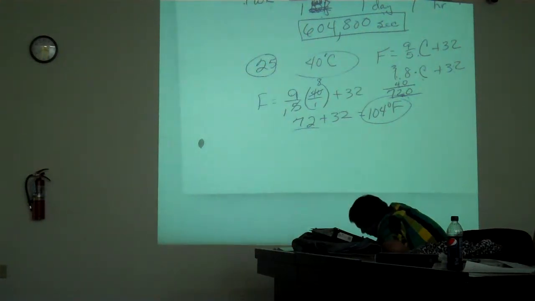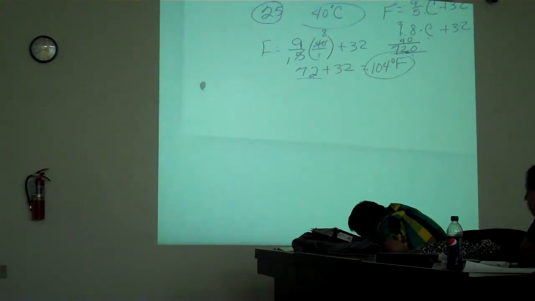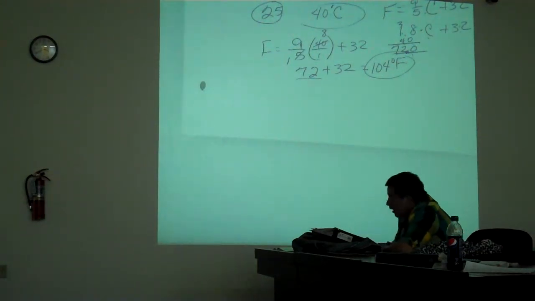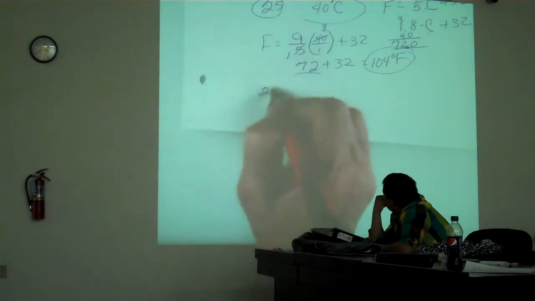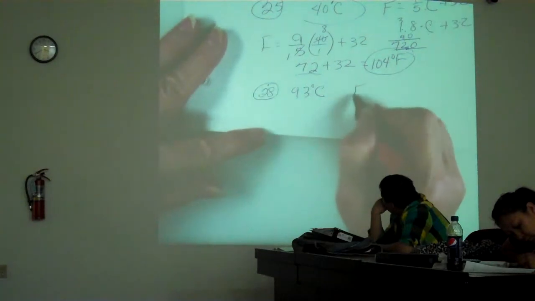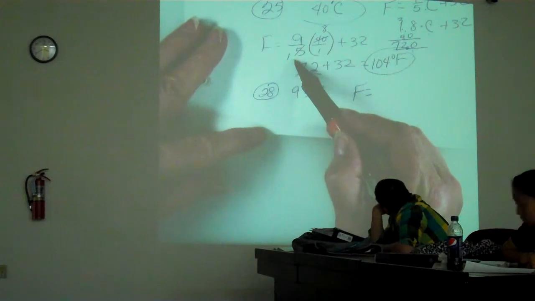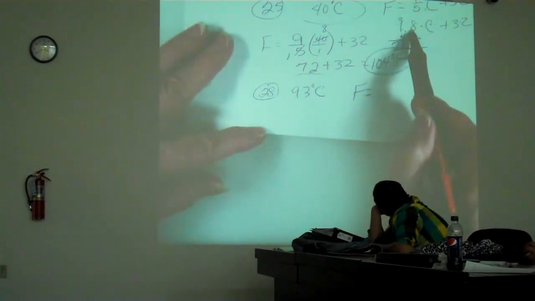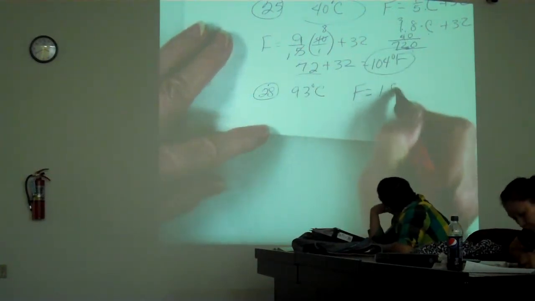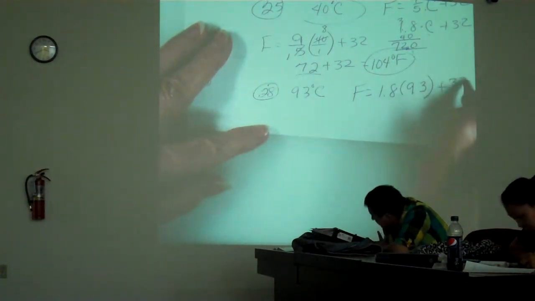Okay, now, you want to do another one of those, or you want to switch to the other kind? Yeah, let's do the other one. Another Celsius? Okay, let's do maybe one that won't divide evenly by 5. Let's do number 28. 93 degrees Celsius. Okay, since it won't divide evenly by 5, where we can cancel like this, let's not use the fraction, let's use the decimal. Let's use 1.8 times the centigrade plus 32.